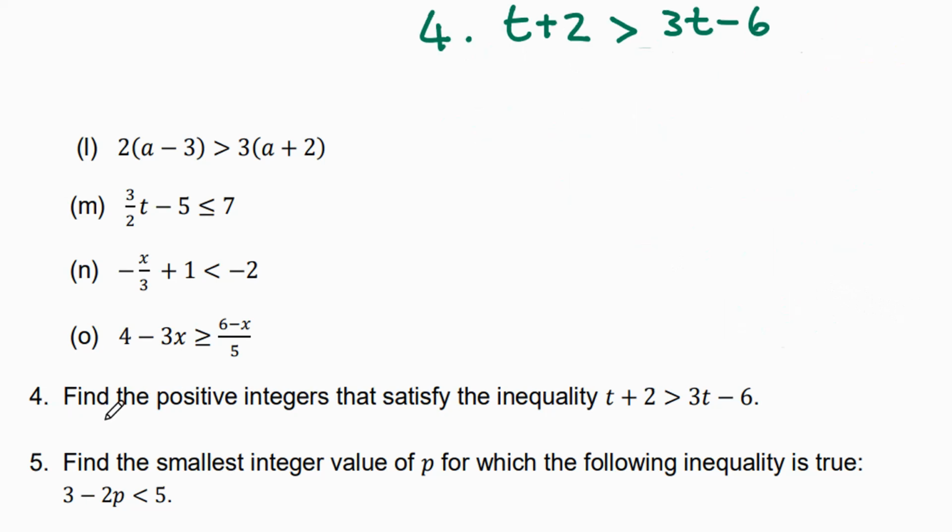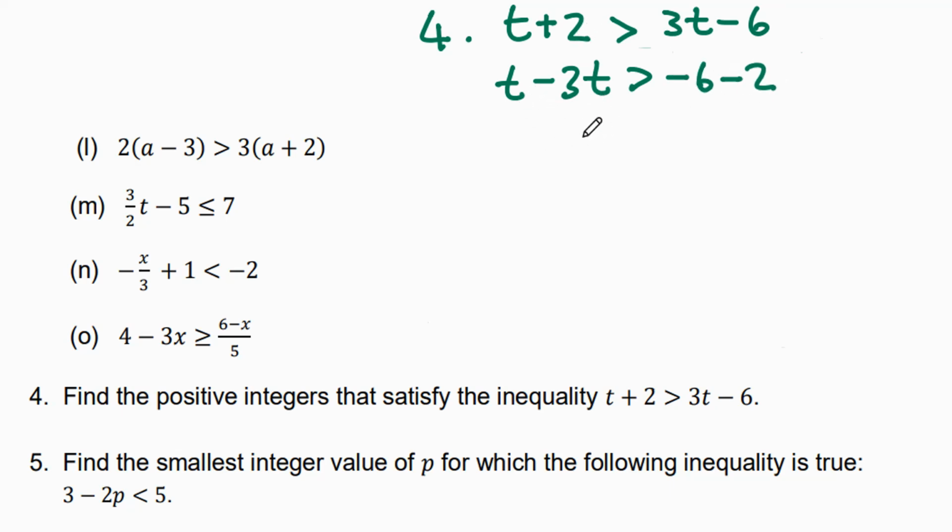In question 4 here it says, find the positive integers that satisfy this inequality. So let's first solve the inequality. We want to get all the letters on the left-hand side. So we're going to move the 3t to the left-hand side, and it's going to become negative 3t. At the same time, we want the numbers to be on the right-hand side. So we're going to move the 2 to the right-hand side, and it's going to become negative 2.